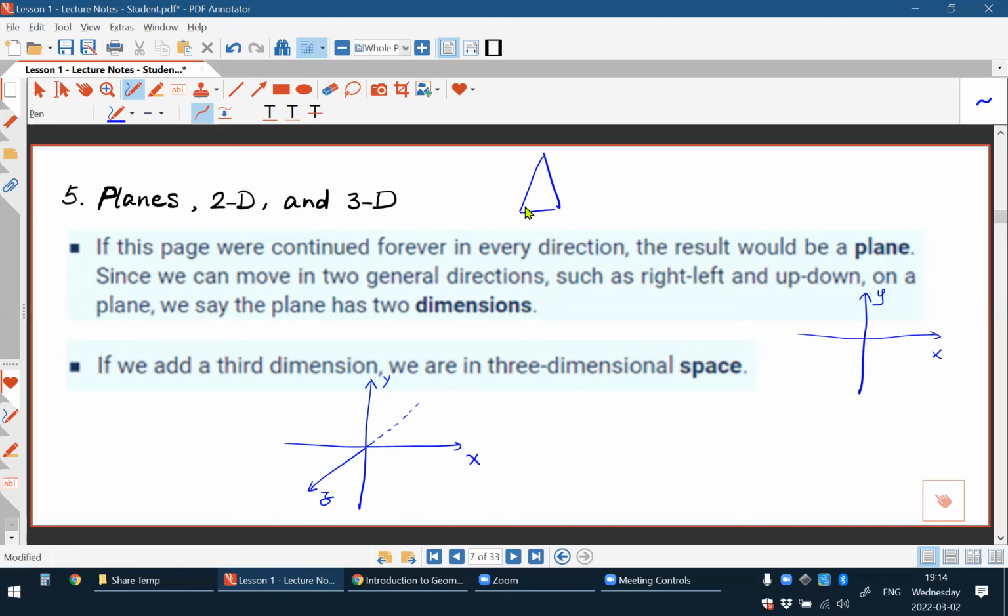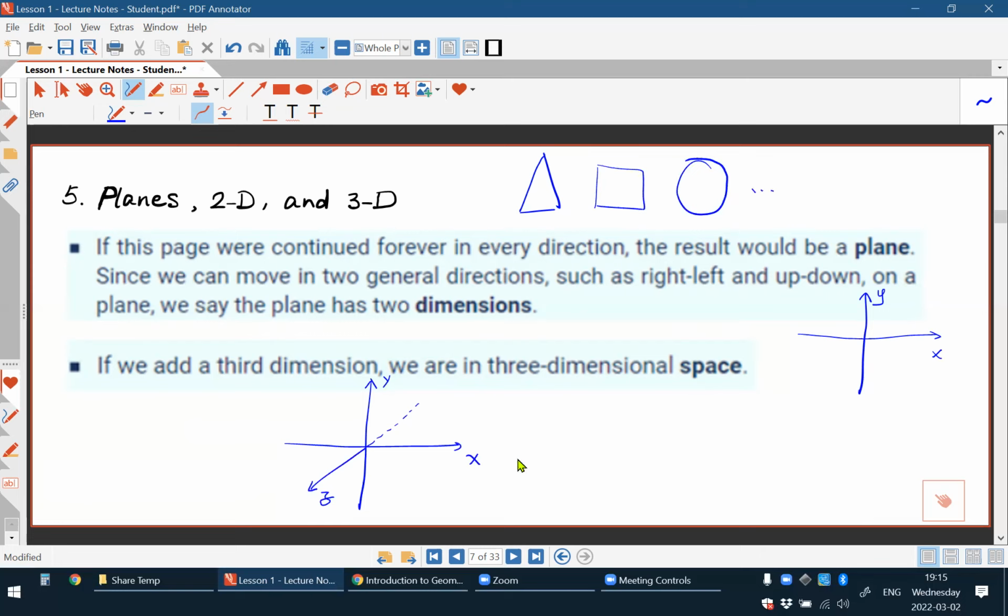And we will discuss some shapes in 2D and 3D respectively. For example, in the two-dimensional case, we'll discuss triangles, squares, circles, and so on.